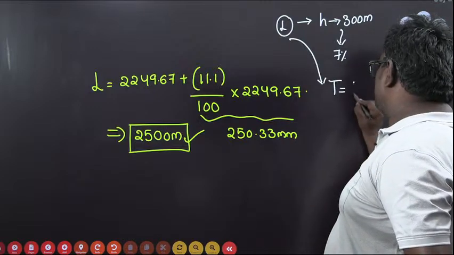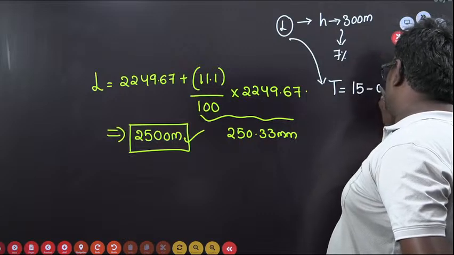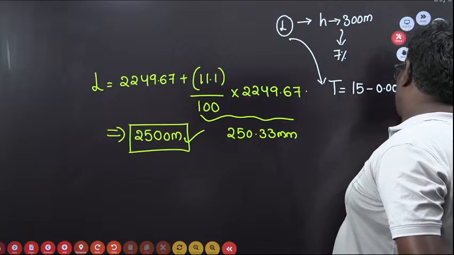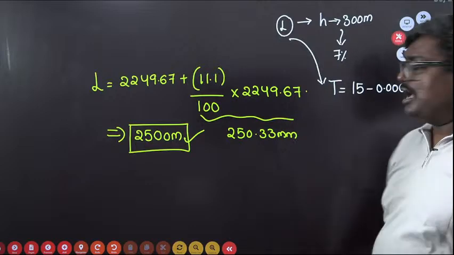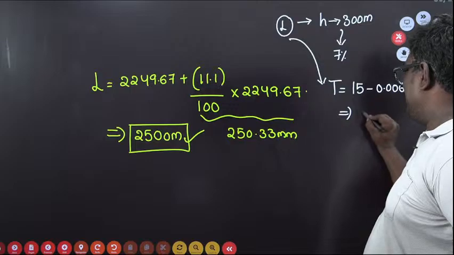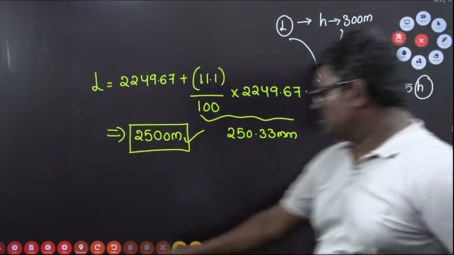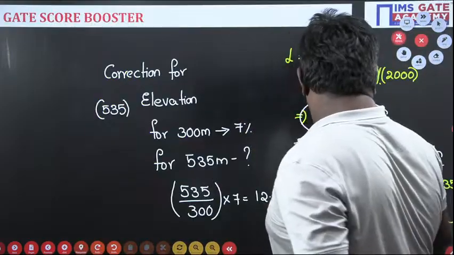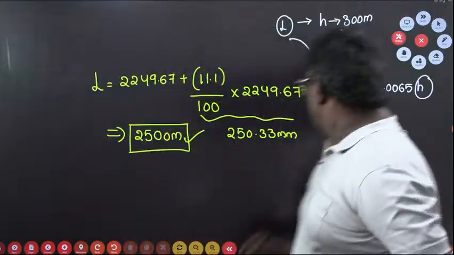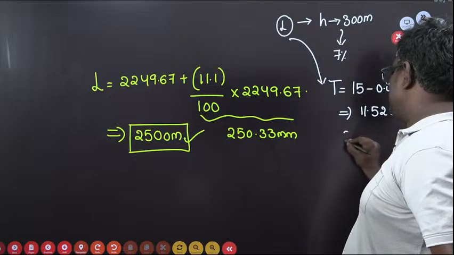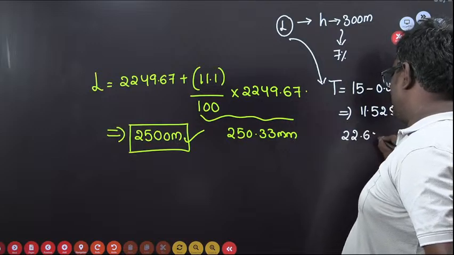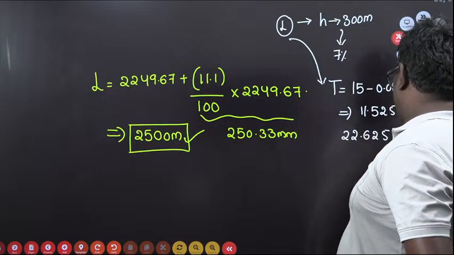Temperature correction is 15 minus 0.0065 into h, where h is the height of the elevation. Suppose here you got 11.525. Okay, this is the value. But the standardized value is 22.625 minus 11.525.